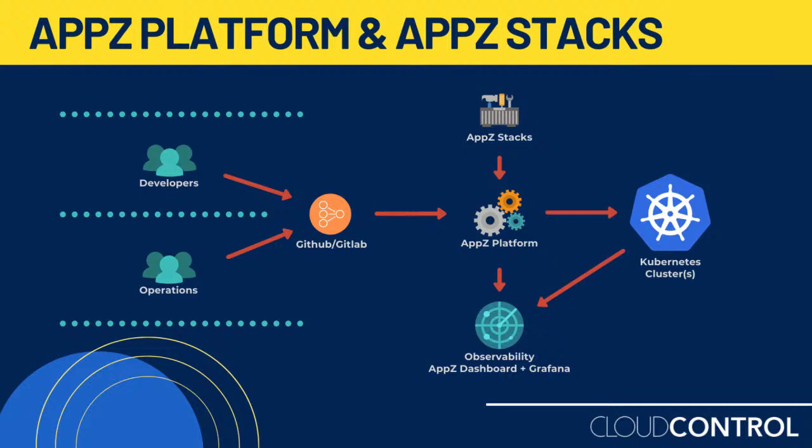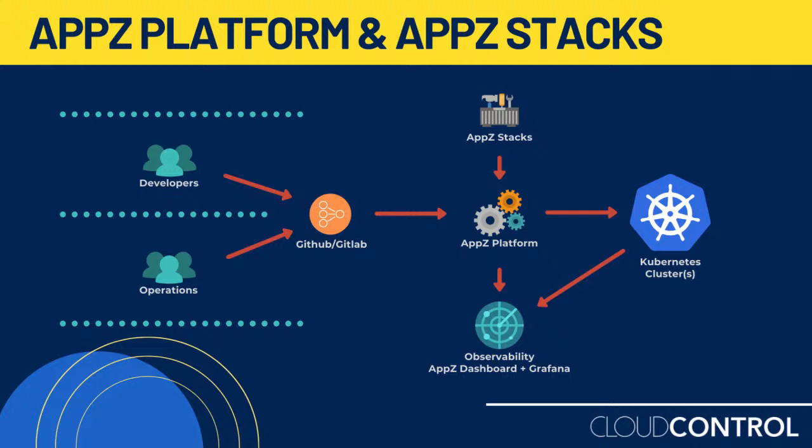But apart from the infrastructure automation, through AppZ stacks, we are offering the application centric automation. So that once you want to deploy your applications, again, we have hundreds of stacks, whatever technology flavor that you are using, either from the applications layer like Tomcat, Node, Java, Scala, whatever you want to use, or even the database layer, you will see the Postgres deployment.